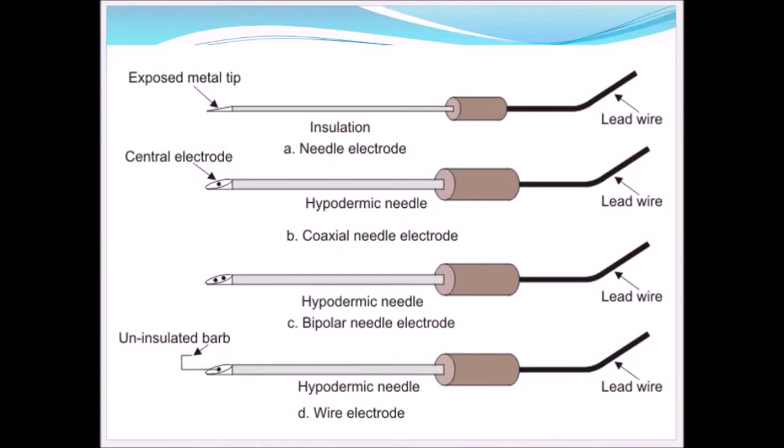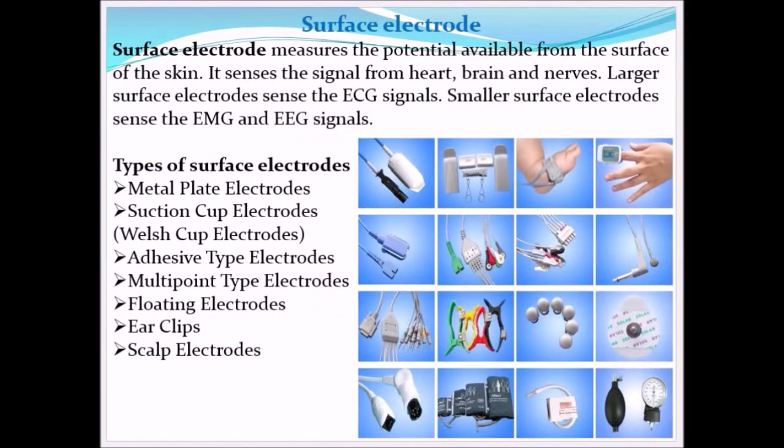Next is the surface electrode. As the name implies, when the electrodes are placed on the surface of our body, they are called surface electrodes. We can measure almost all signals using the surface electrode for a normal reading.